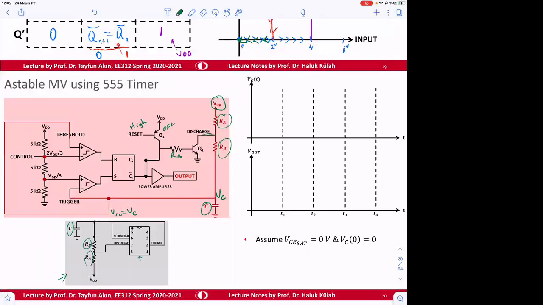Am I saying something wrong again? No. Trigger and threshold are connected, yeah. Then this is Vin, and Vin is equal to V capacitor. Okay, so we have this Schmitt trigger action.